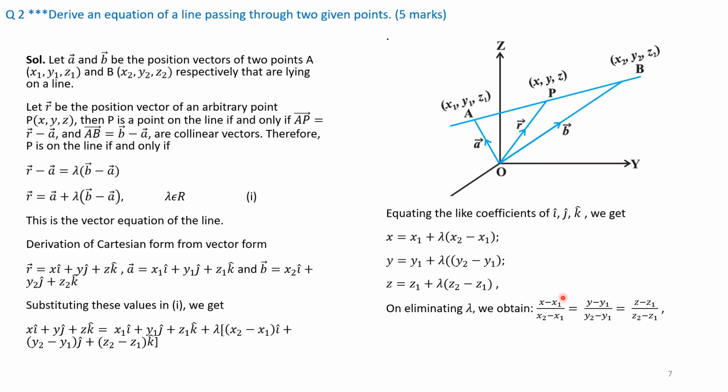Similarly for y, lambda is y minus y1 divided by y2 minus y1, and from the third equation, z minus z1 divided by z2 minus z1. The lambda is the same for all, and we have eliminated it. Therefore this is the equation of the line in Cartesian form through two given points.